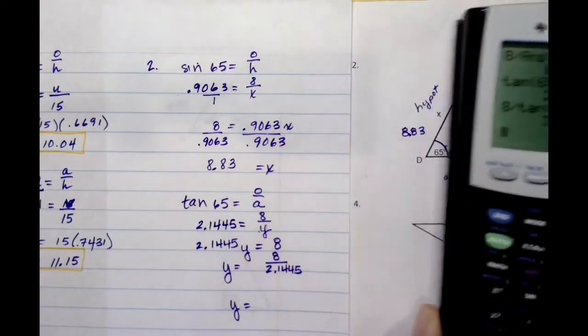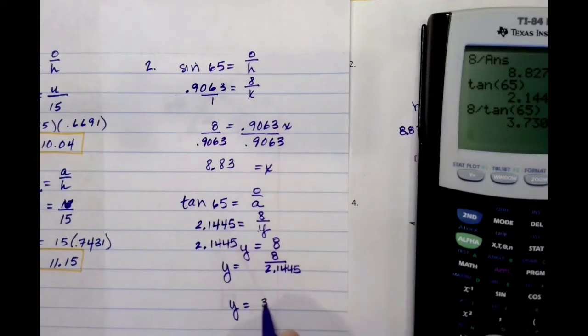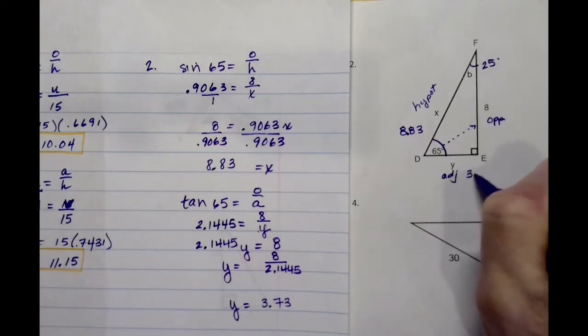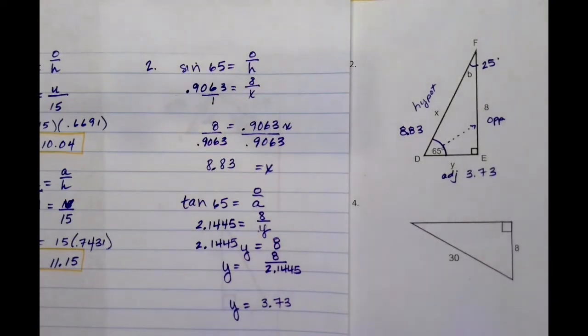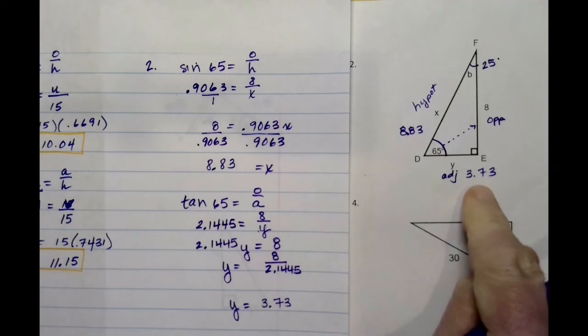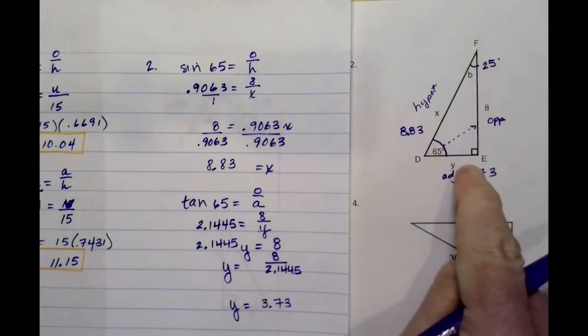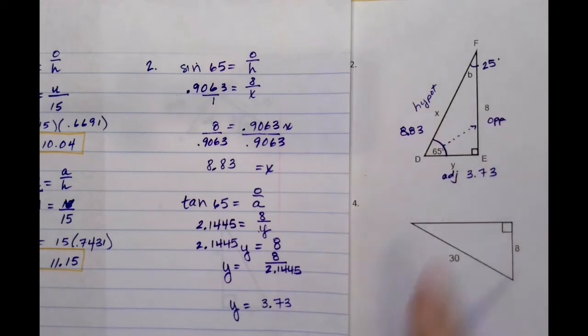Either way, you'll get the same answer, 3.73. That is the value of this side, 3.73. So in solving the triangle, do I have 3 angle measures? 1, 2, 3. Do I have 3 side lengths? 1, 2, 3. I'm good to go.